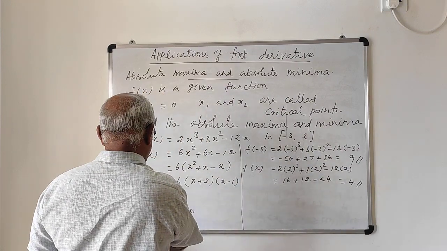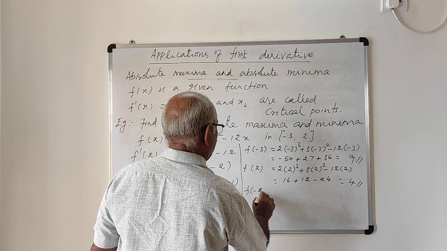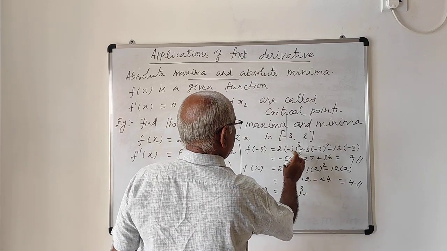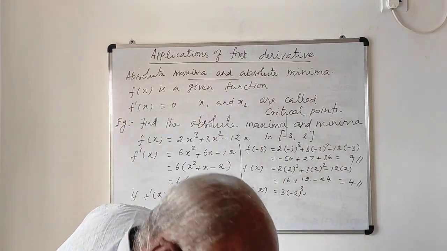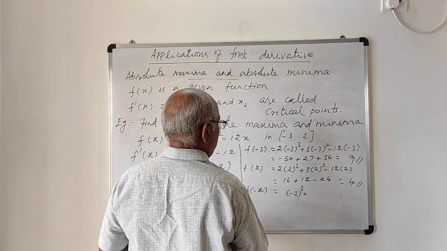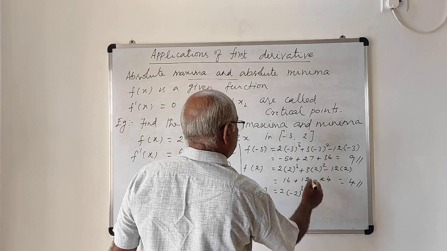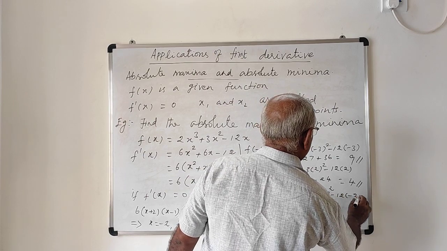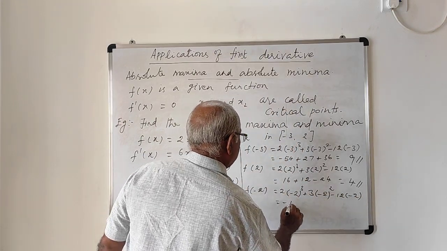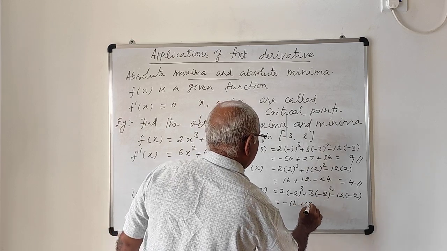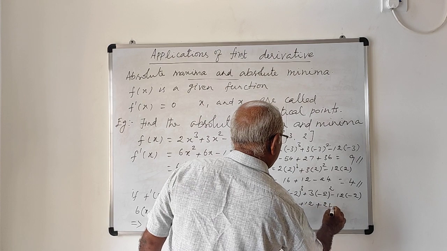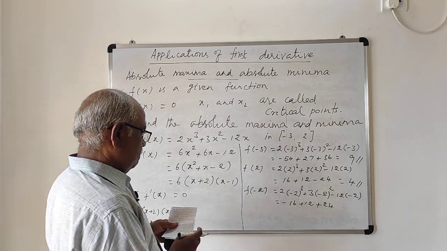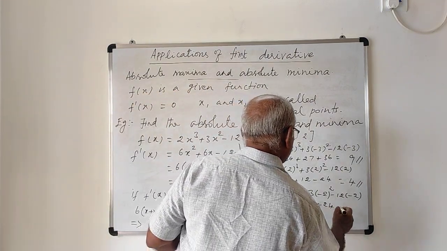And the values of f of x at the critical points. f of minus 2 equals 2 into minus 2 cube plus 3 into minus 2 square minus 12 into minus 2, that is minus 16 plus 12 plus 24. 24 plus 12 is 36, minus 16 is 20.